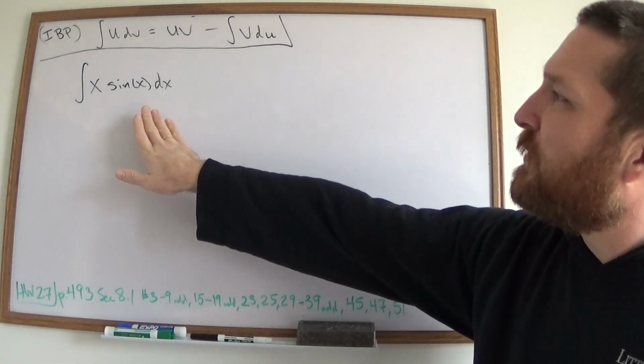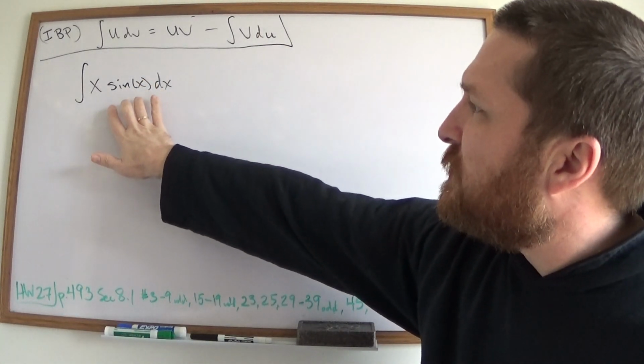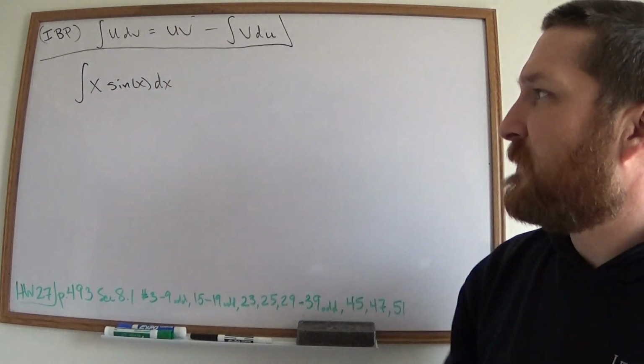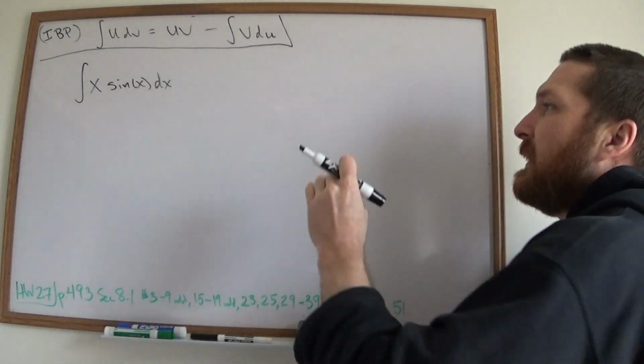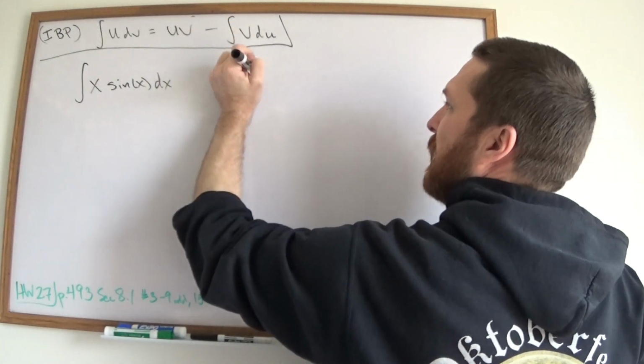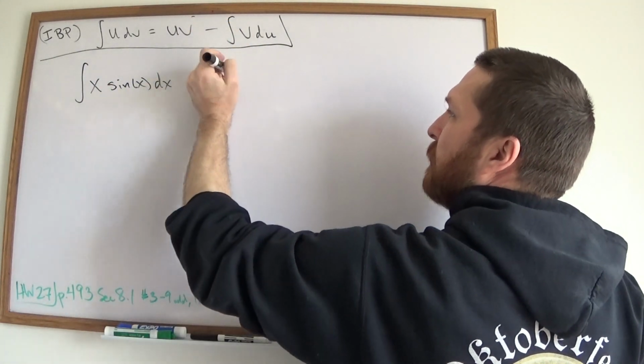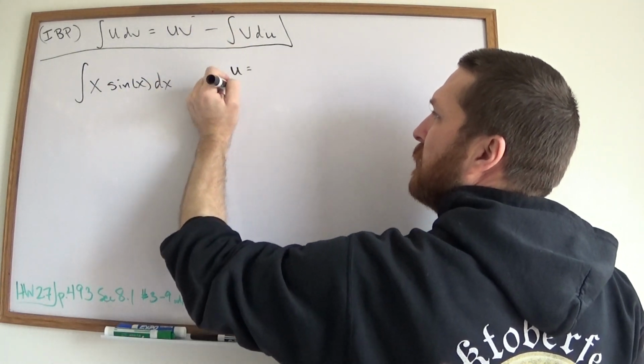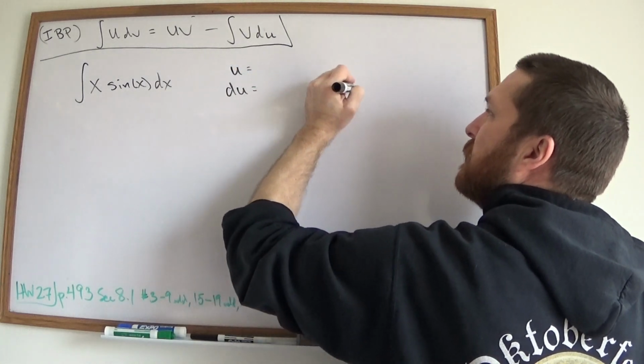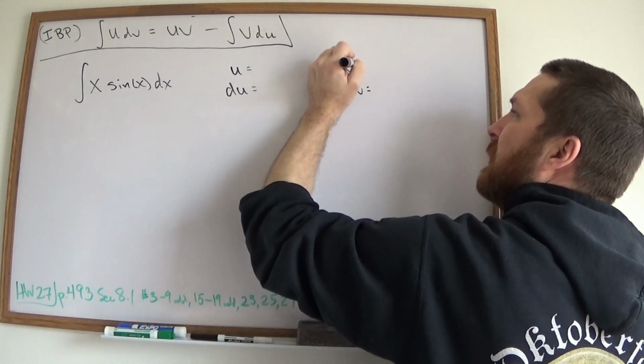And so what we're going to do is assume that part of this is u and part of it is dv. The way I like to organize this in my head is whenever I'm going to do integration by parts, I go ahead and write down u, du, dv, and v.